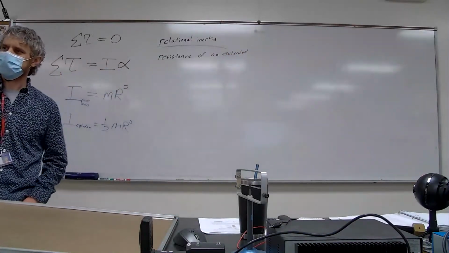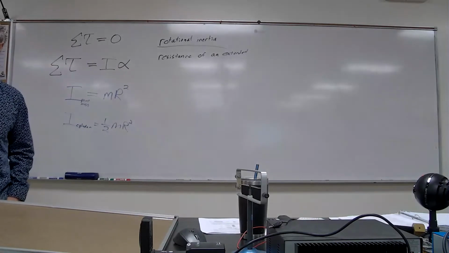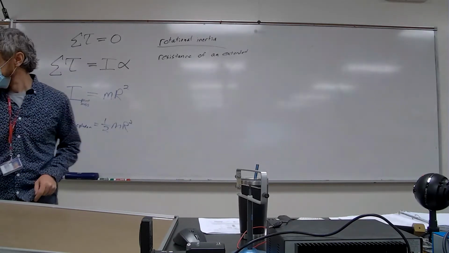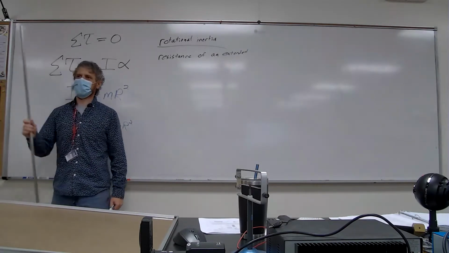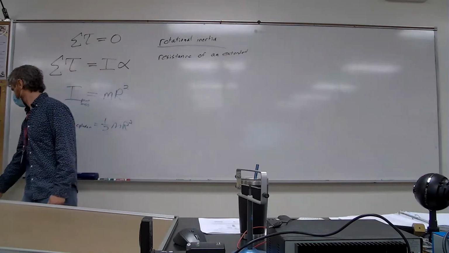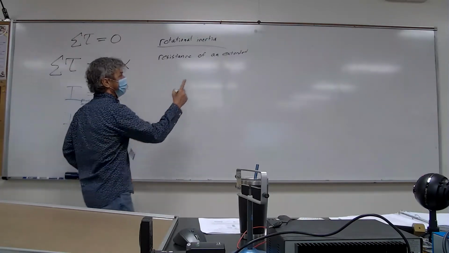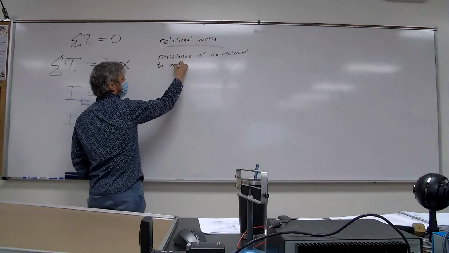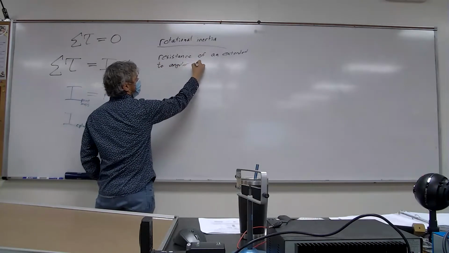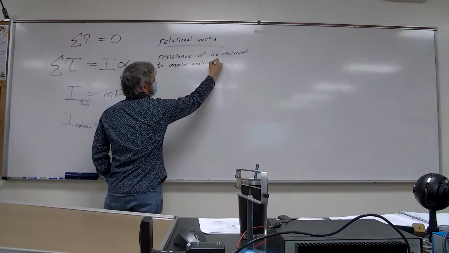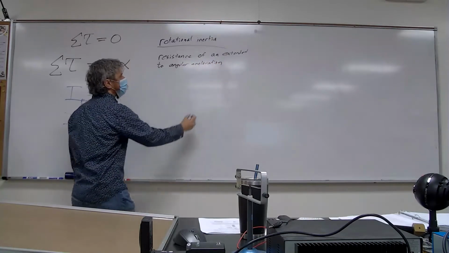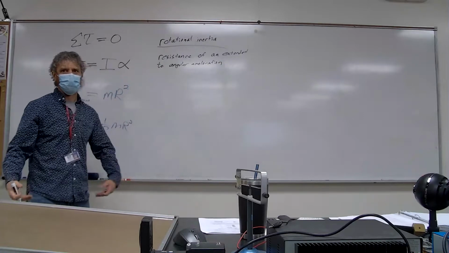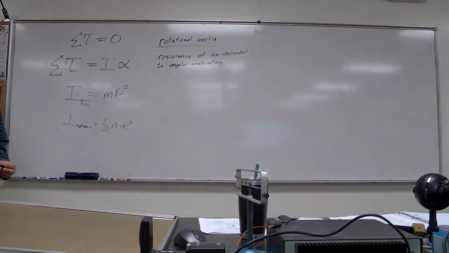It could be a hoop like this. It could be a disc like this. It could be a long solid rod like this. So an extended object. It's the resistance of an extended object to angular acceleration, just like inertia is the resistance of an object to translational acceleration.